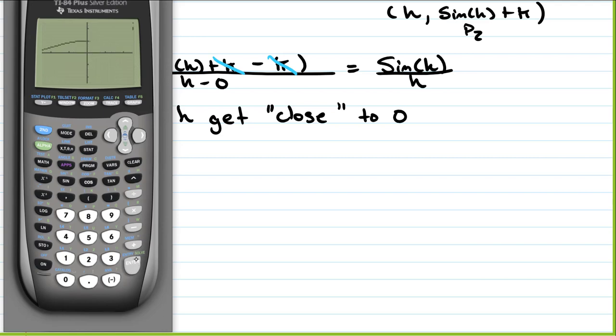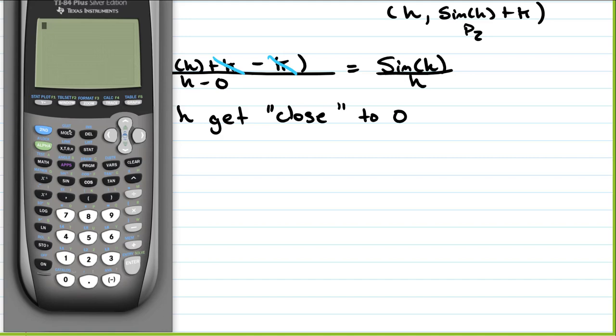From eyeballing the graph, what value does it seem to get close to as we get close to the number 0? If we go trace, at 0, since we're dividing by 0, it's undefined, but pretty close to 0, we get 0.999952 and so forth.